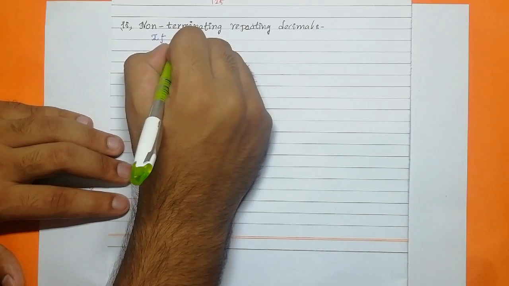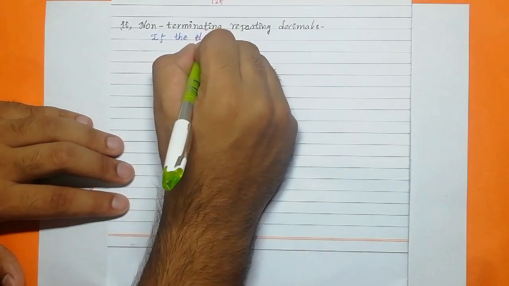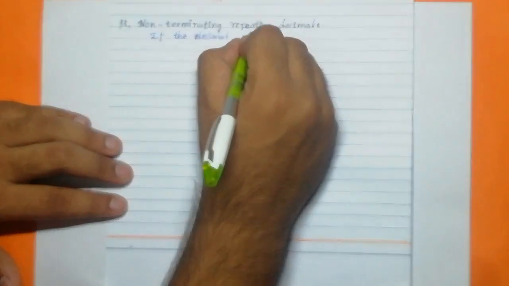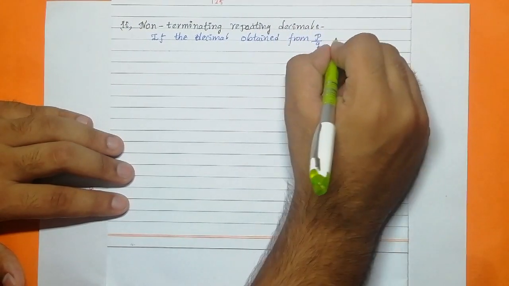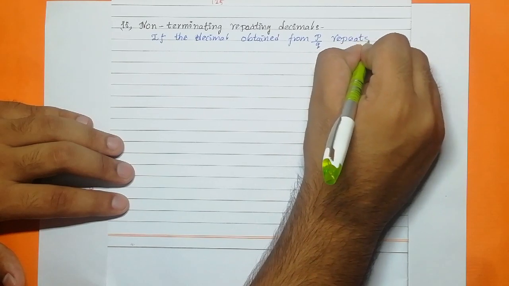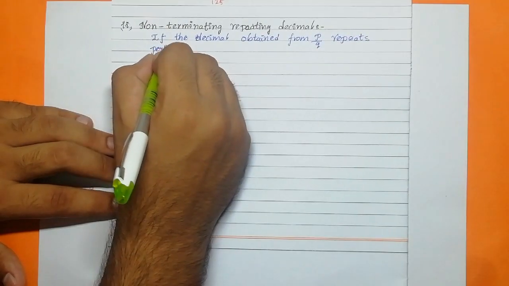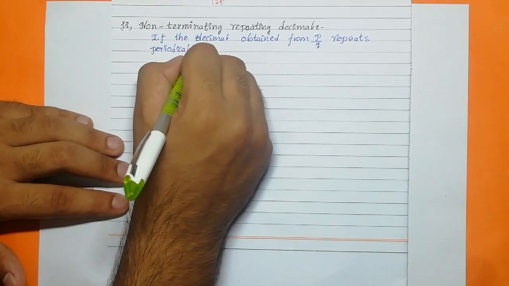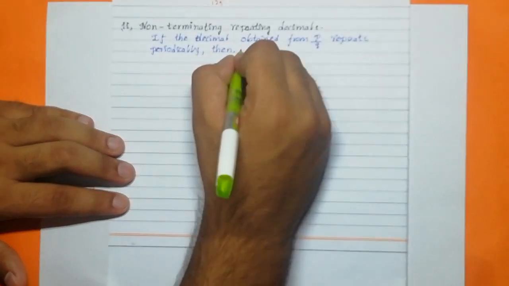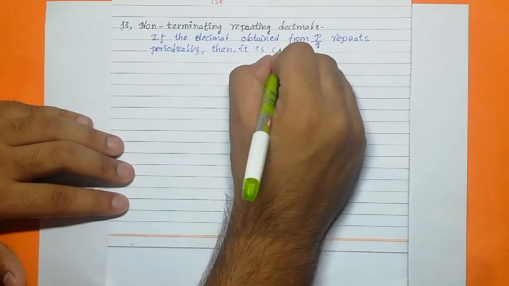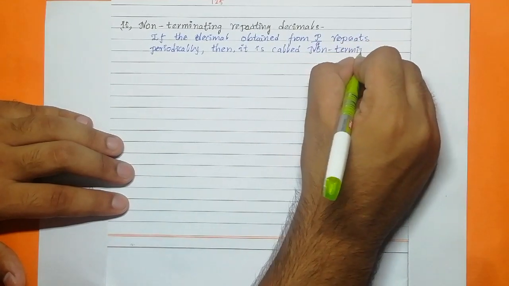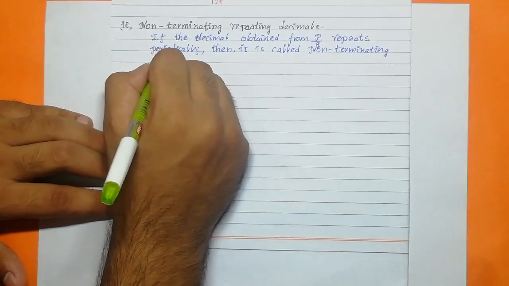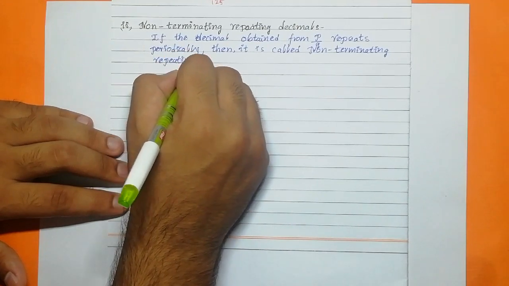If the decimal obtained from p by q repeats periodically, then it is called non-terminating repeating decimal.